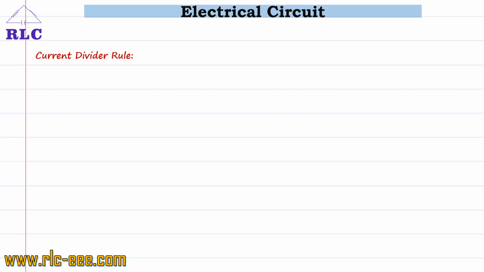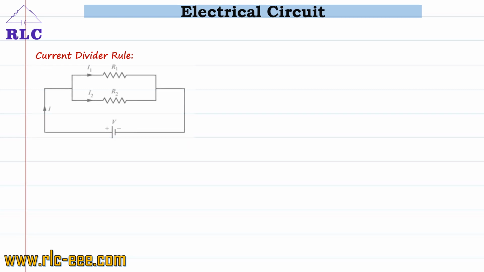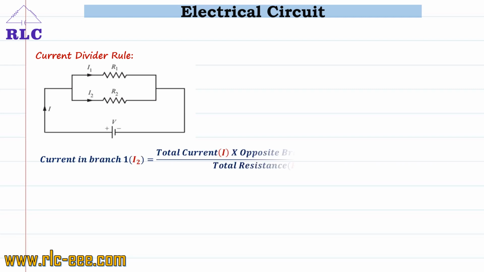Next, to find the value of I2, what is the formula with respect to I? That is total current into the opposite branch resistance, that is R1.